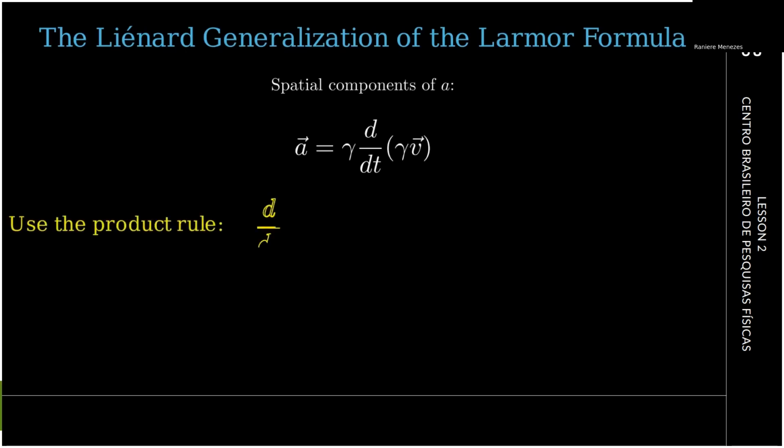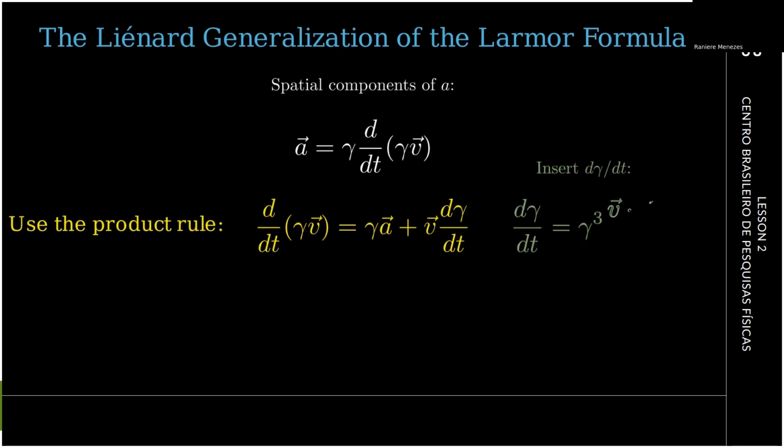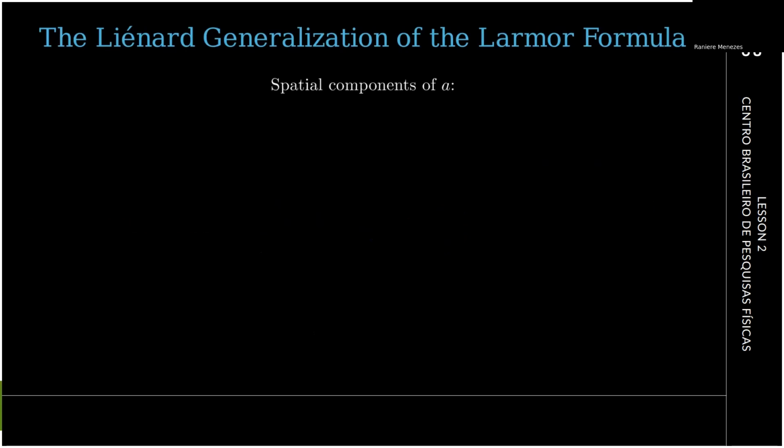We can use the product rule here. Differentiate first this. We can insert d gamma dt that we computed in the previous slide. And then the component of the acceleration for the 3 remaining components of the 4-vector is given by this here.